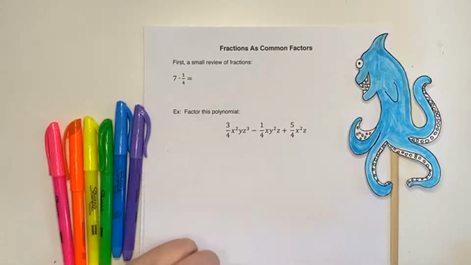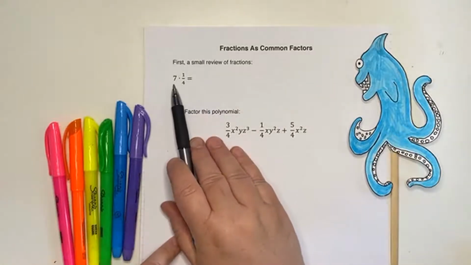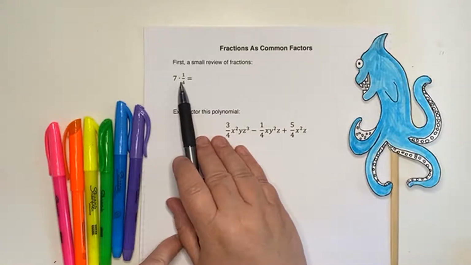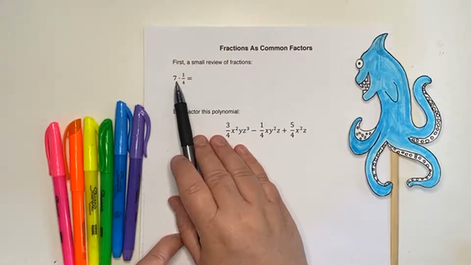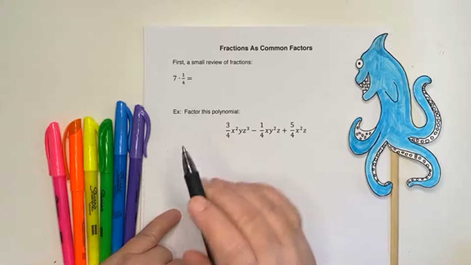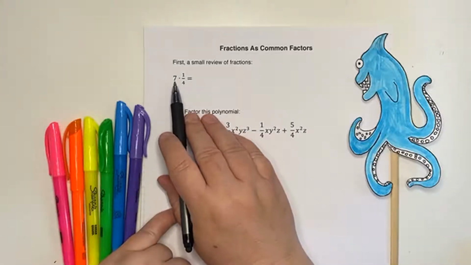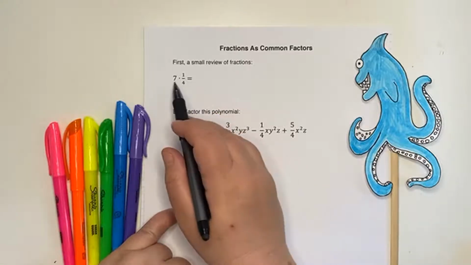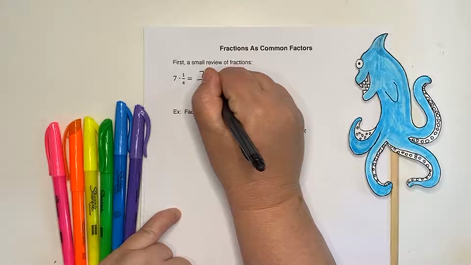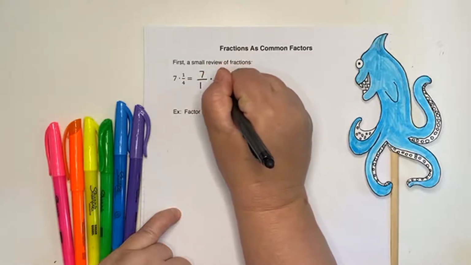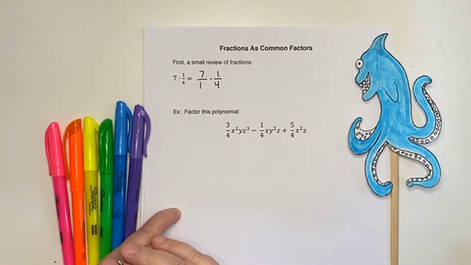Specifically, what happens when you multiply a whole number like 7 times a fraction like 1/4. Generally speaking, you don't have to follow all the steps, but I'm just going to follow the formal steps. If I'm going to multiply a whole number times a fraction, first I take the whole number and write it in fractional form, because that makes it easier for me to see who's on top and who's on the bottom.